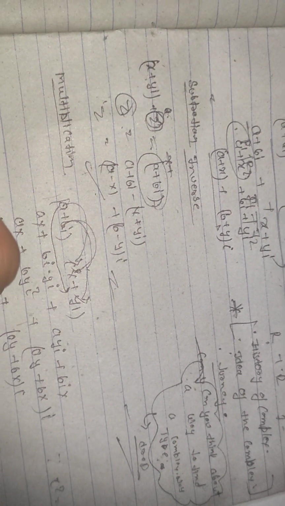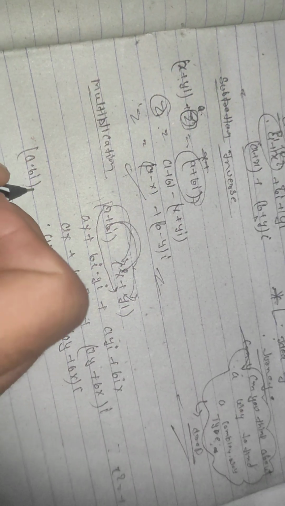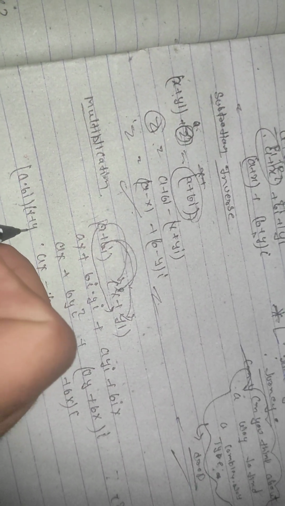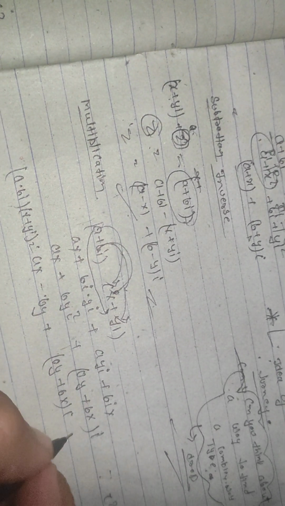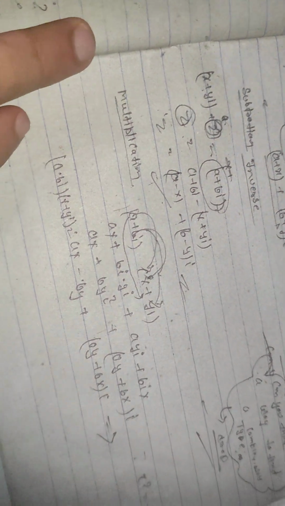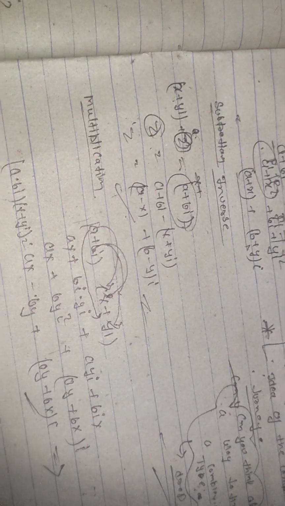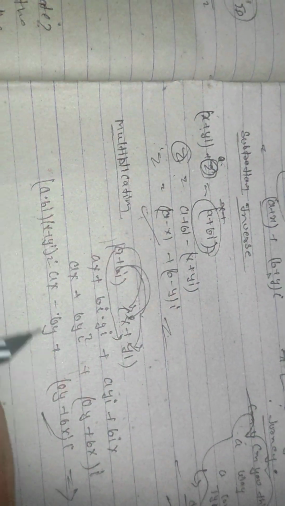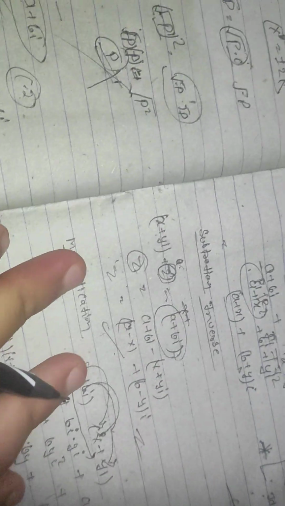This is the multiplication of a plus bi into x plus yi. Hence proved.